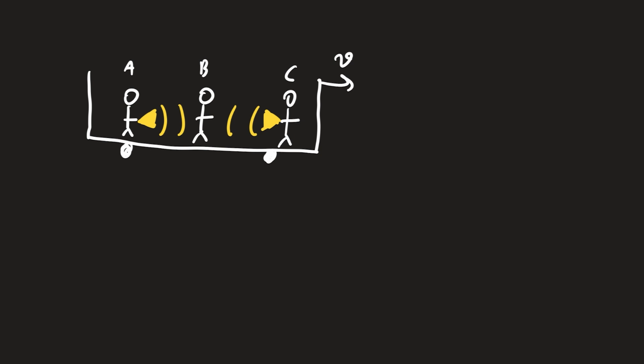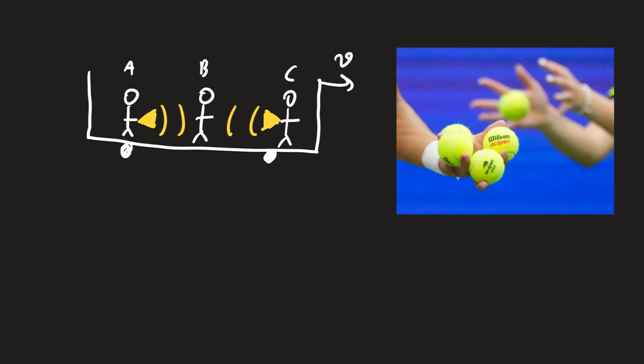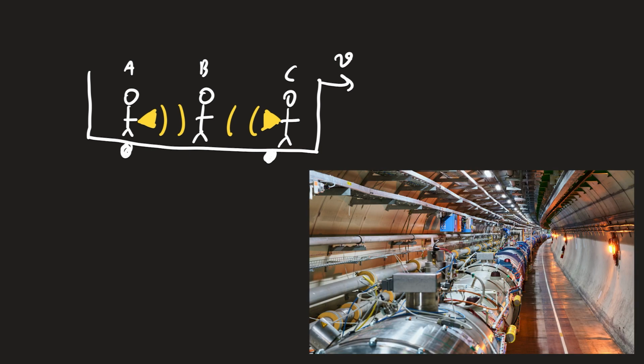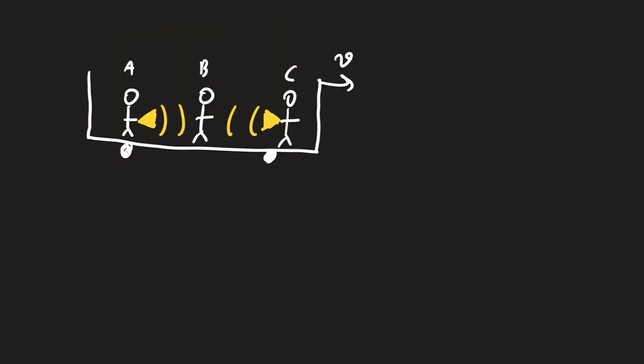So all experiments yield the same results on the train as they did on the ground, which was also an inertial reference frame. So whether you throw a tennis ball or build a particle accelerator on the train, you will always get the same results. This also means that there is absolutely nothing you can do to even tell that the train is moving, without looking outside the window, of course, and seeing that the rest of the world is moving backwards.